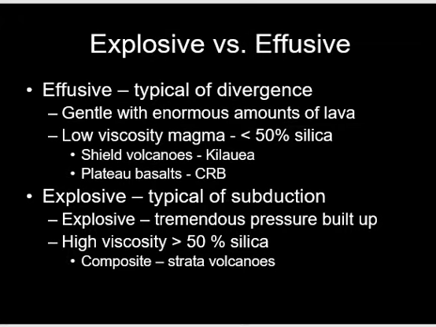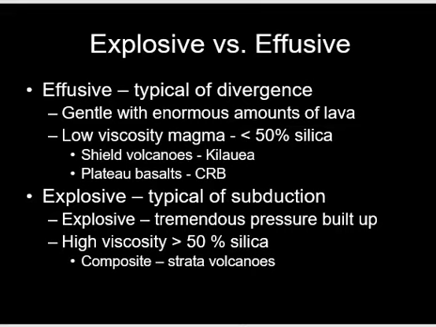Explosive volcanoes are more commonly seen around subduction zones. They have a tremendous amount of silica, so they're really sticky, they're thick, they're gooey, they plug up the vent, pressure builds up, and then they have these gigantic explosions with pyroclastics and ash and gas and lava and all kinds of drama.